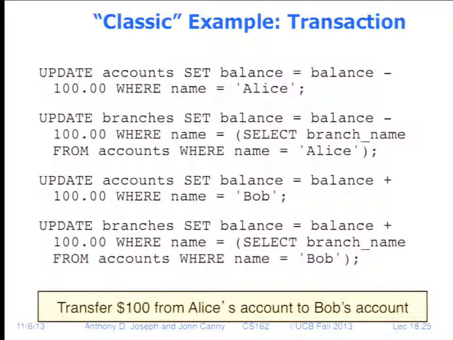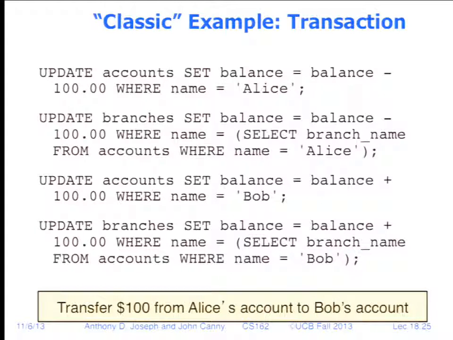This nested query here is returning a branch that houses Alice's account. So the balance for that branch has to also decrement by this transaction amount. Alice is transferring funds to Bob, so in the accounts database, we're also going to increment Bob's balance by $100. And finally, for Bob's branch, that branch is also acquiring an extra $100.